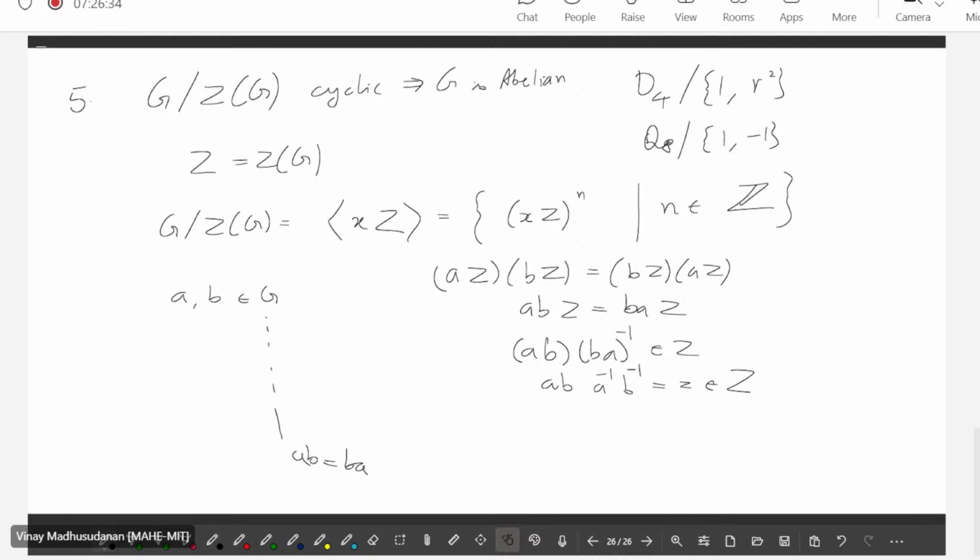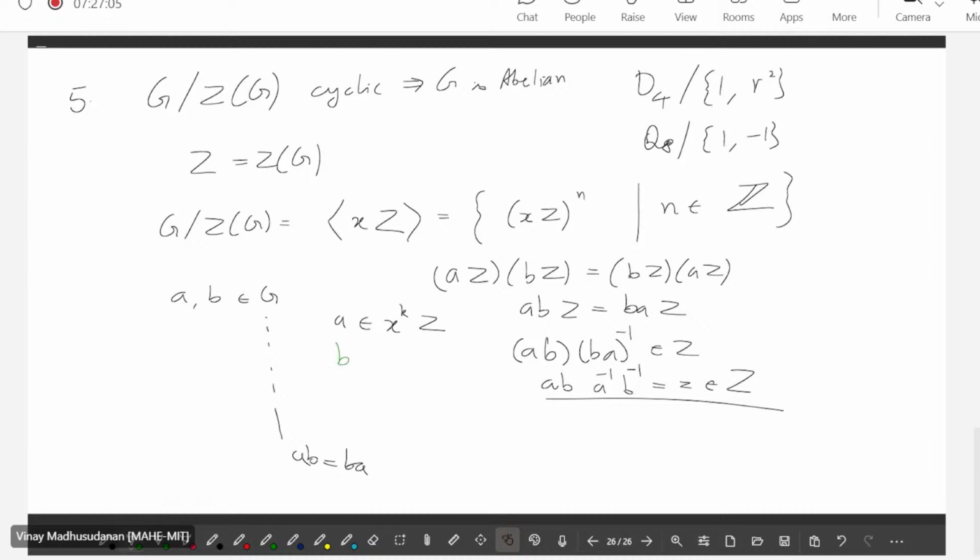So fine. In addition to this, what can you use? This much is true; you don't have to change that. You can go ahead with this if you use the extra information. A belongs to some x power k z, meaning x power k times Z, correct?